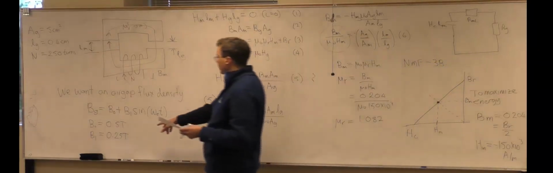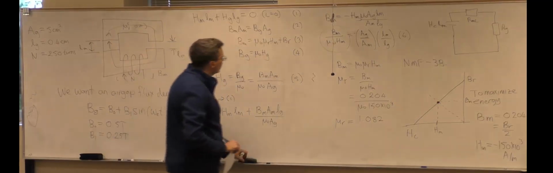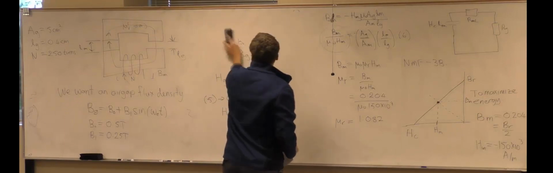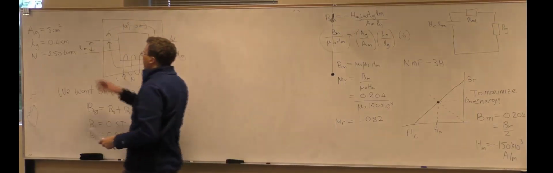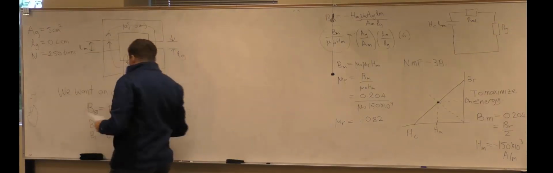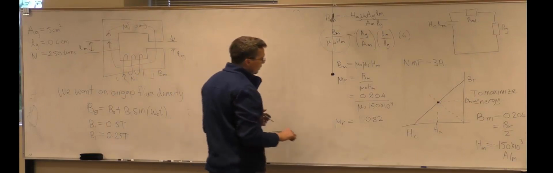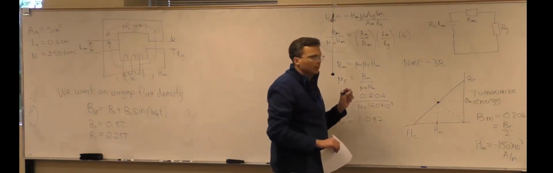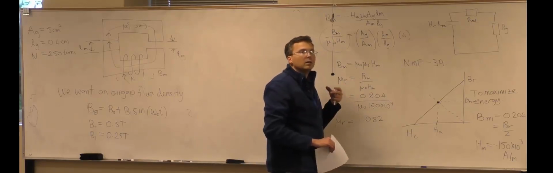Okay, now remember what we're trying to get? We want to get 0.5 Tesla in this air gap. And we also know what the area is. And then we also know now what the BM should be to maximize the energy usage of the magnet material.